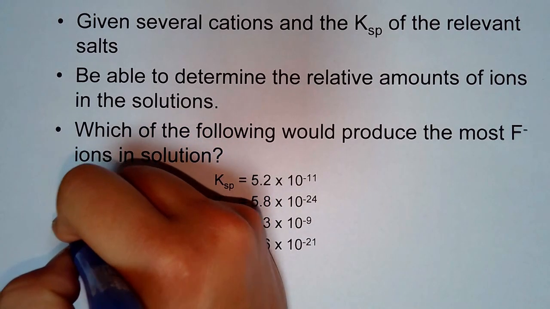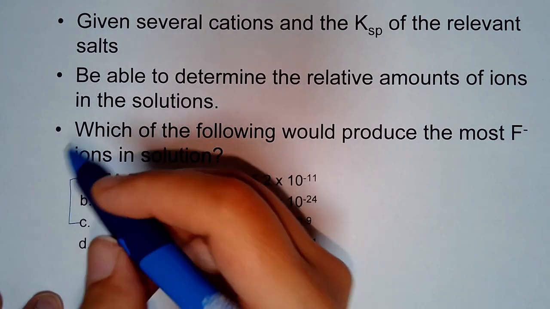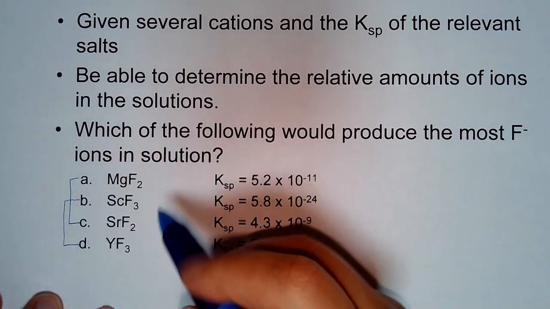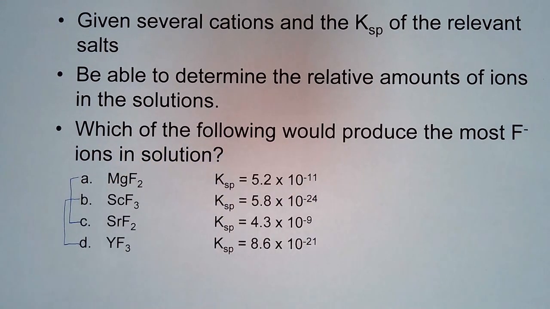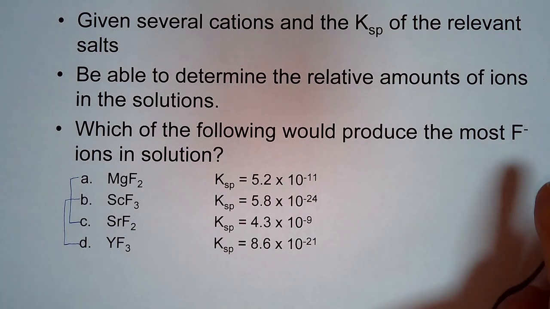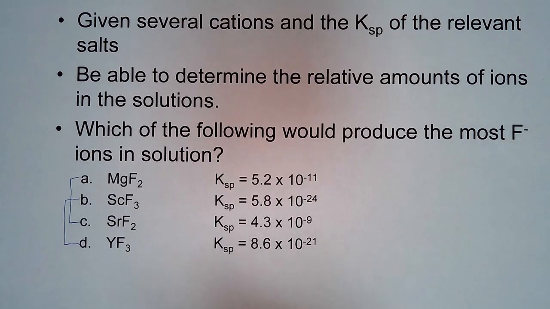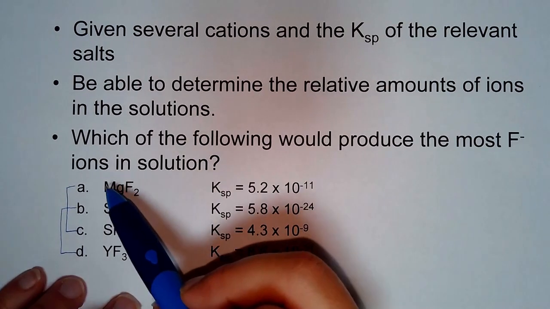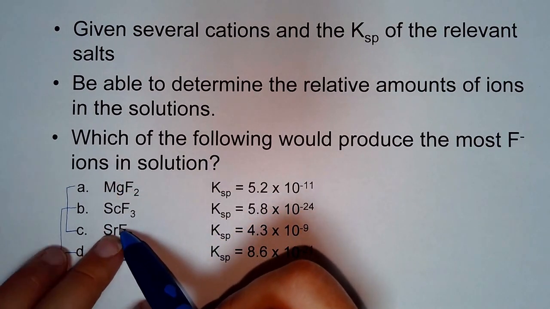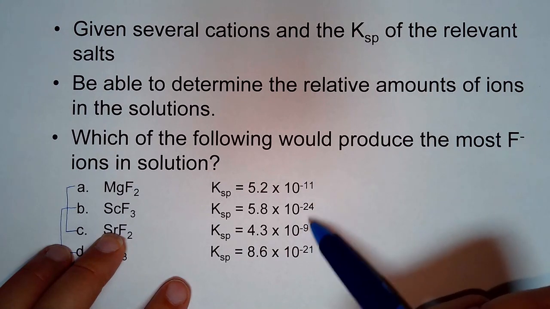So we can compare between those two sets. So we're looking for the most F minus ions, so we're looking for the most soluble. So between A and C, we would be looking for the larger K value, which is going to be C. So we're going to cross out A because C is more soluble.